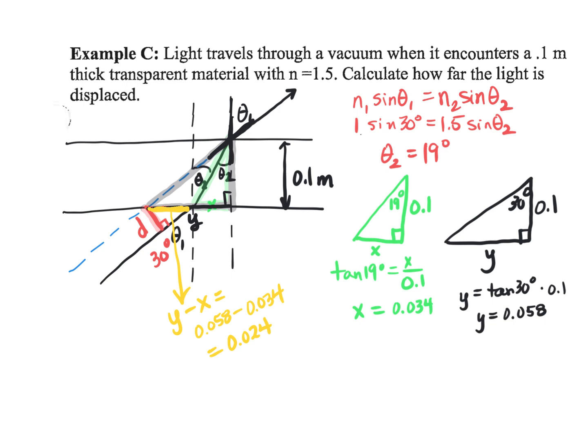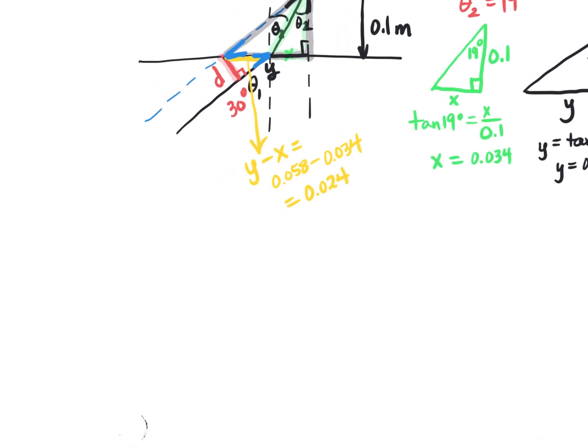All right. So now we have to figure out what this angle, one of these angles is. So if I can find this angle right here, if I know what this angle right here is, then guess what? I know what that angle right there is, don't I?